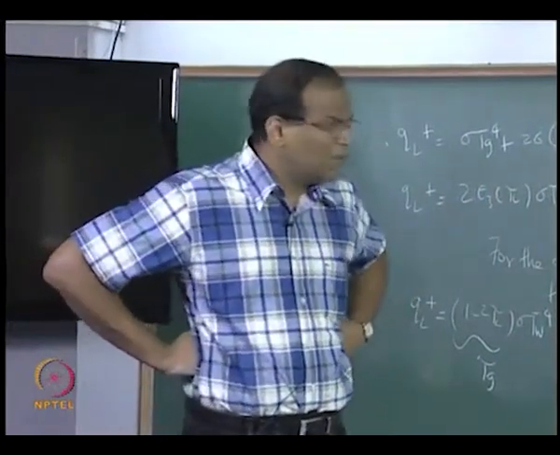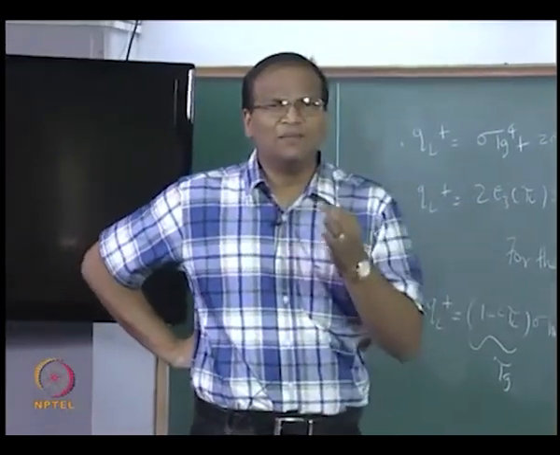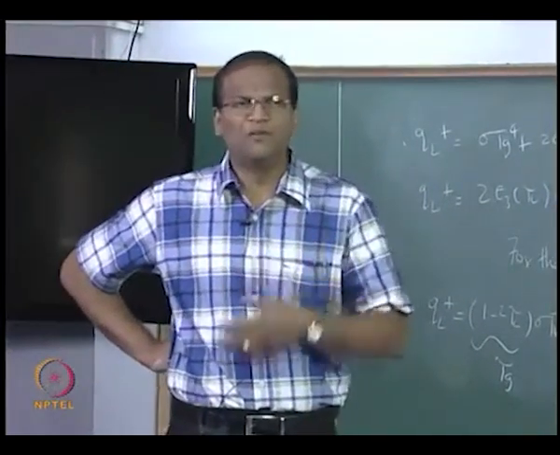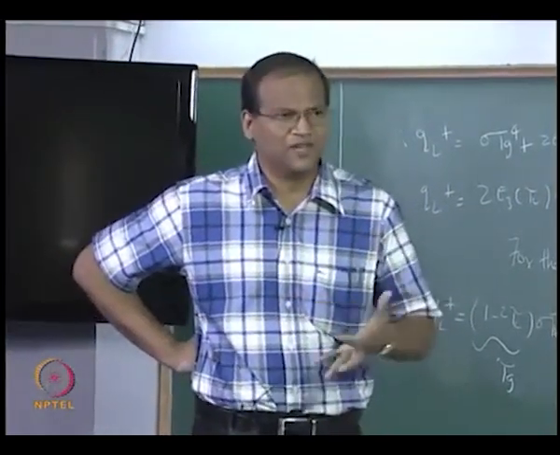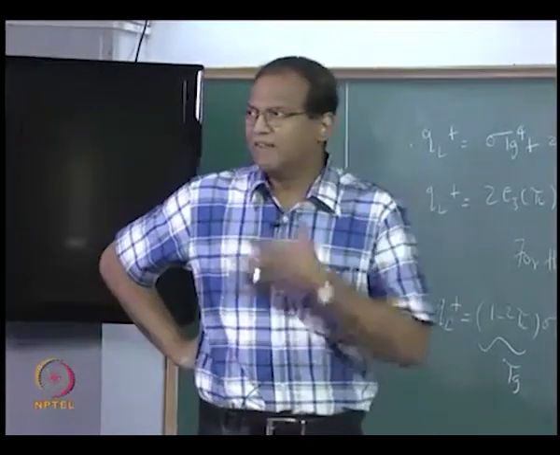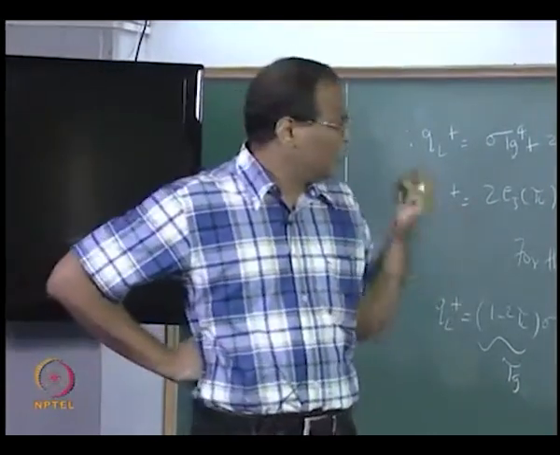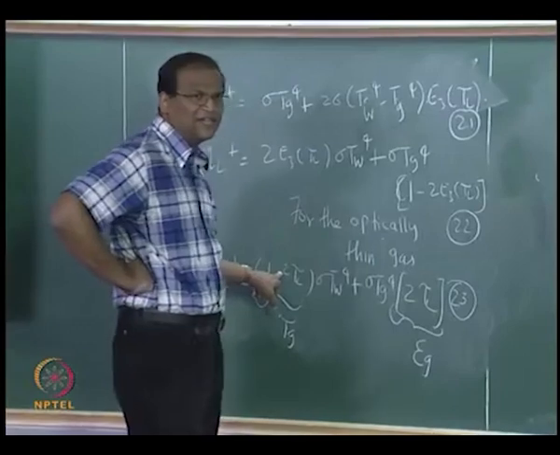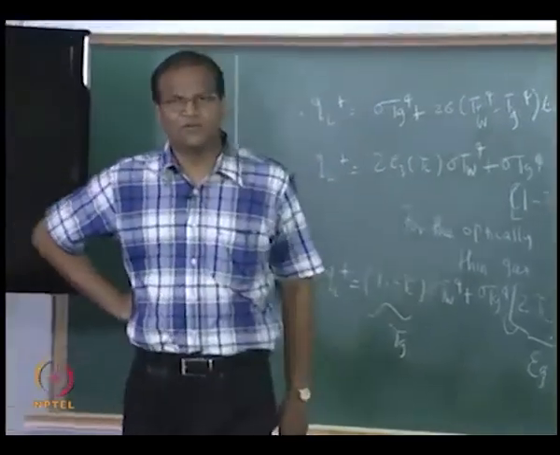This 2L is the mean beam length for a plain gas layer. It will change for a cylinder, for a sphere, and so on. If you can calculate the mean beam length and you know kappa, you can calculate the equivalent gas emissivity, and from it the gas absorptivity, and proceed further.